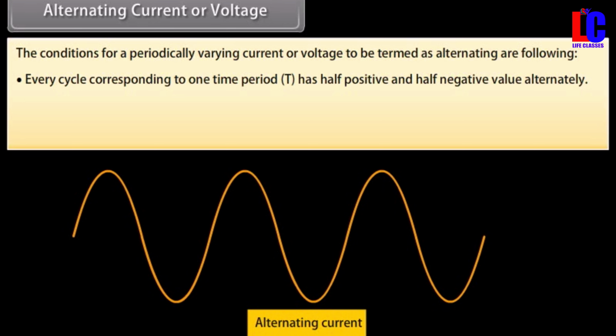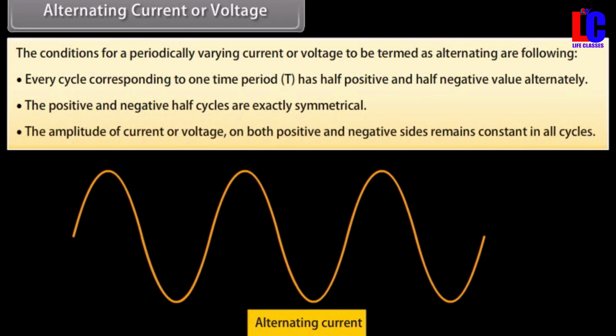In case of current, it means that the direction of current reverses after every half cycle, and in case of voltage, the polarity of the potential difference reverses after every half cycle. The positive and negative half cycles are exactly symmetrical. The amplitude of current or voltage on both positive and negative sides remains constant in all cycles.